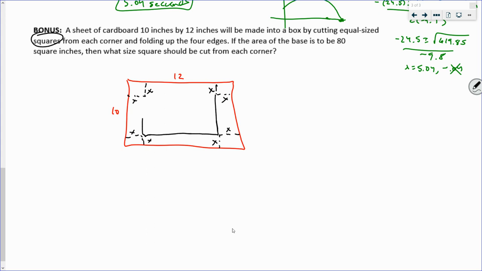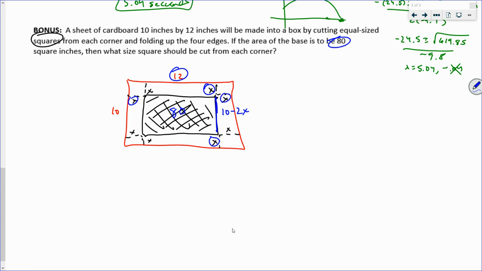Now, if you imagine a net being folded up, which you have done before in different grades, you will understand that there would be the base of the box, and we want this to be 80 inches. So what's the real dimension from here to here? I'm saying it's 10 minus 2x. It's shorter than 10, right? And 12 minus 2x.